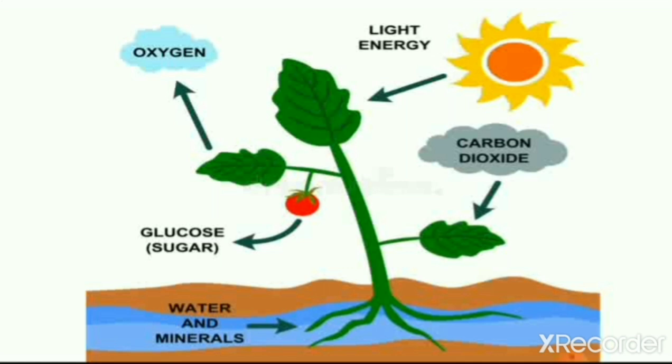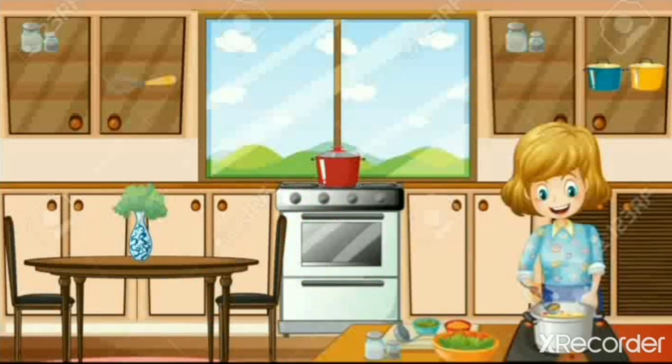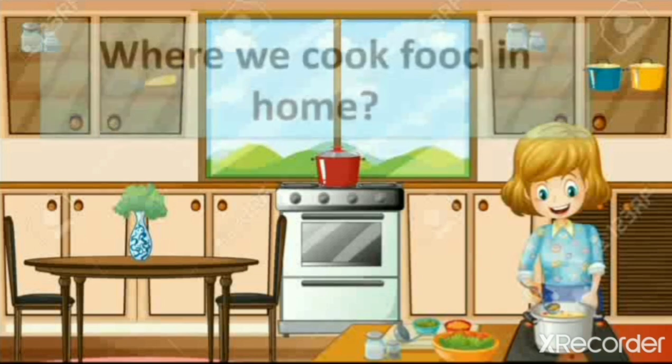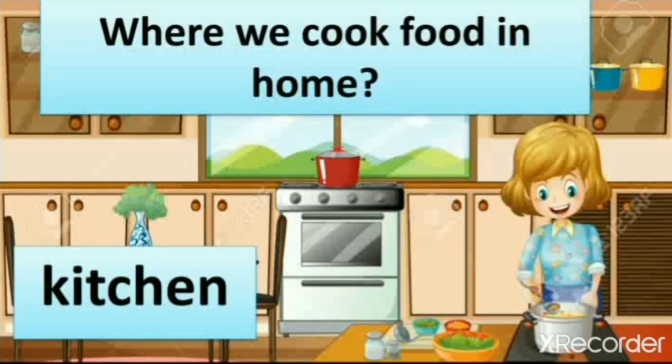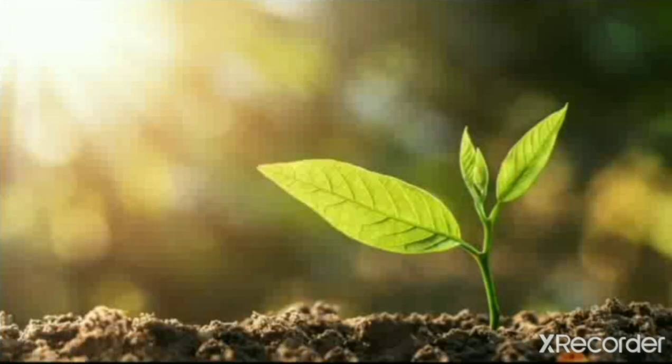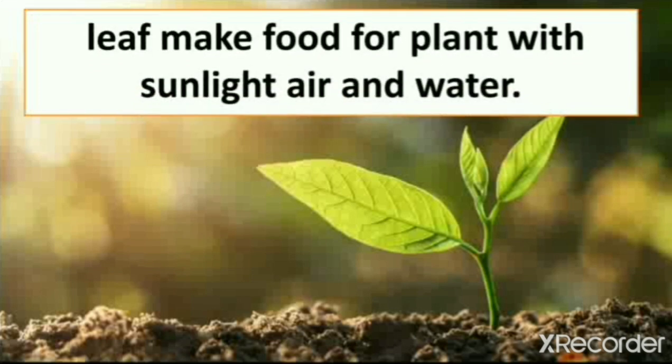And how do we get oxygen from the leaf? Think of the kitchen of our house. When we cook food in the kitchen, like that, the leaf makes food for the plant. That's why the leaf is known as the kitchen of the plant, with the help of sunlight, air and water.